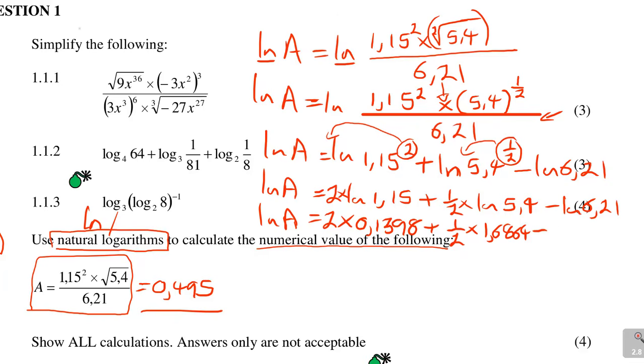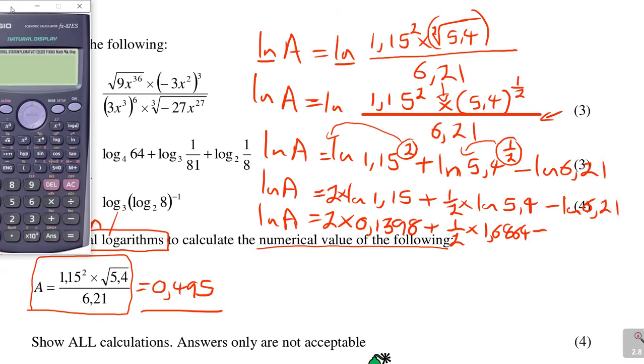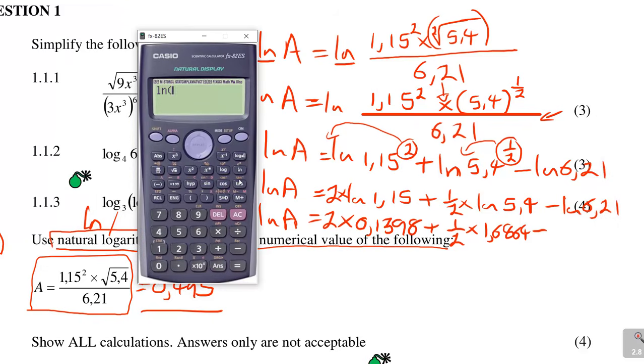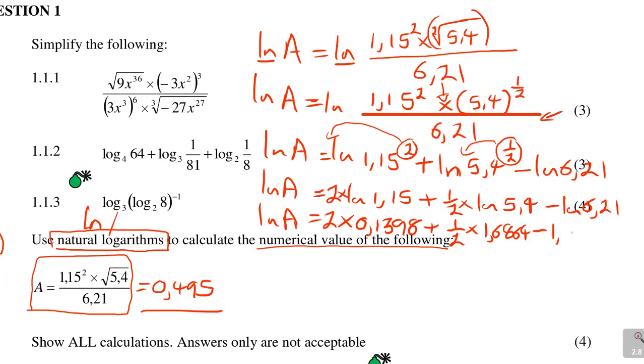So ln 6,21, and then I'm getting, if I round it off again to 4 decimal places, 1,8262. At this stage, guys, I still continue. Ln A is equal to, you multiply that by 2.